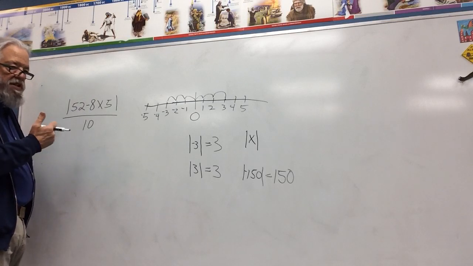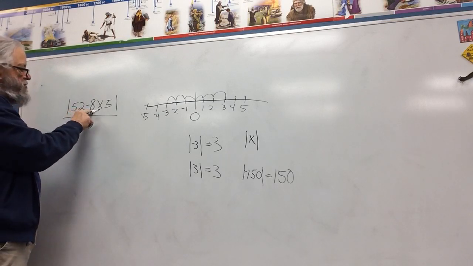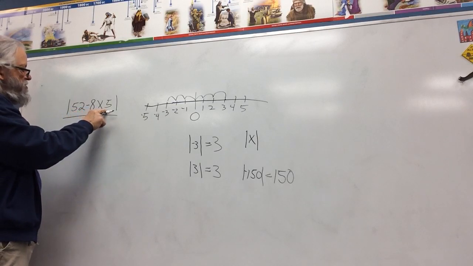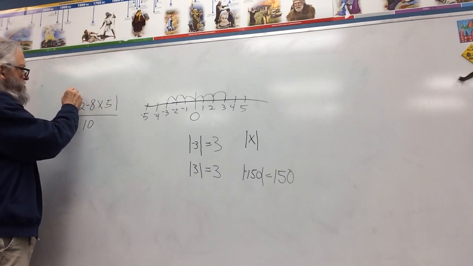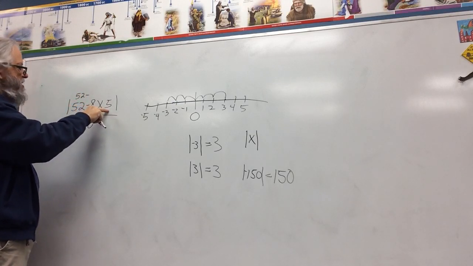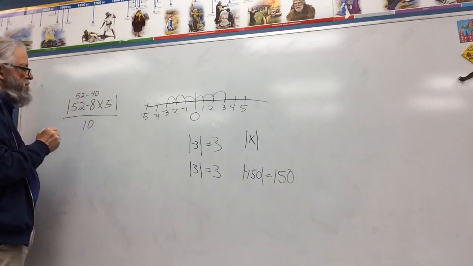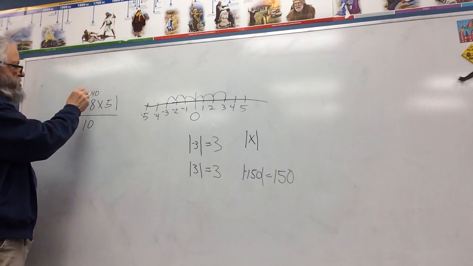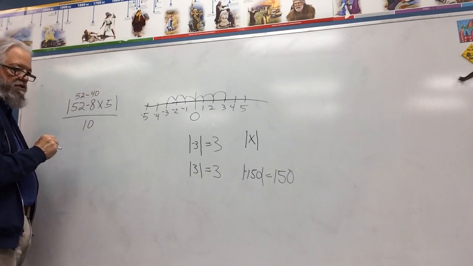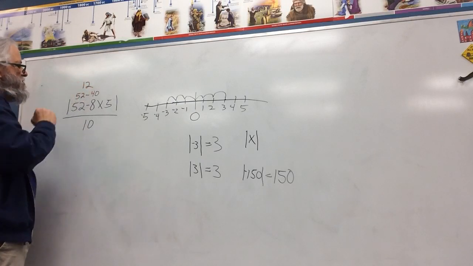So in the order of operations, we would have to do the multiplication first. So that would be 52 minus 8 times 5. 8 times 5 is 40. All right? So we have 52 minus 40 is 12.